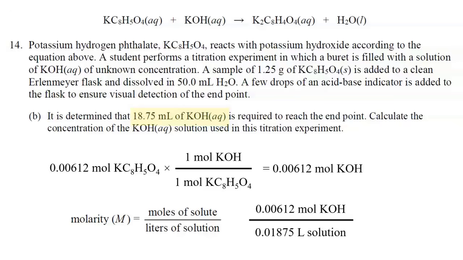Moles divided by liters should give us the concentration. When we do that math and round off our answer to 3 significant figures, because the 1.25 is our limiting factor that has 3 sig figs, we get 0.326 moles per liter. That's the concentration of potassium hydroxide that was used in this experiment.